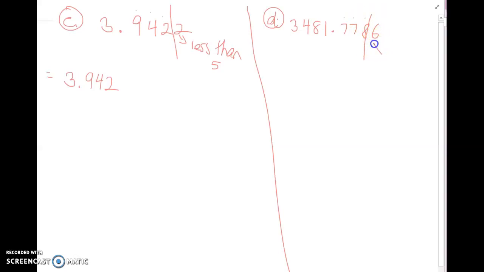Draw your line. And this is greater than 5. So what we have to do, we have to add 1. So we will get for our final answer 3,481.779. Yeah, leaving out everything else after that, right? So very easy, very simple.